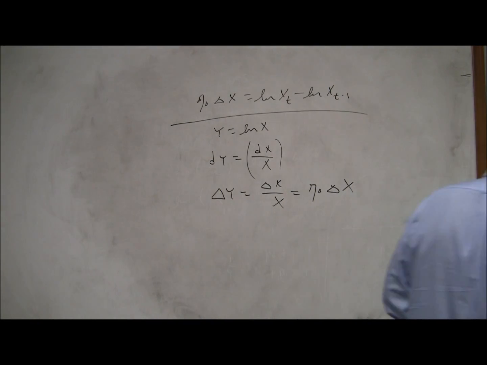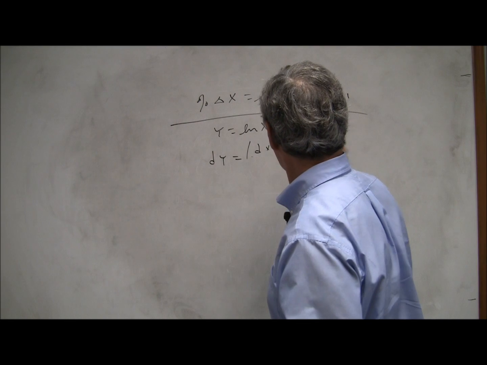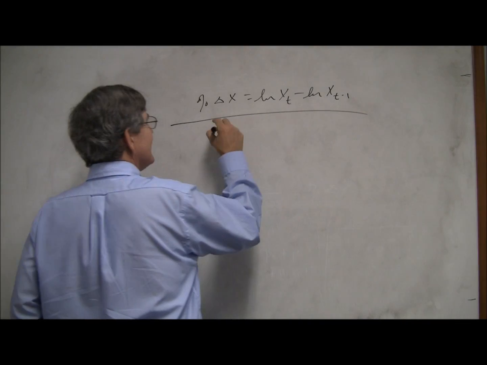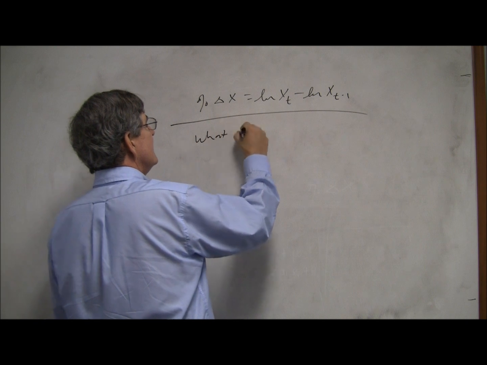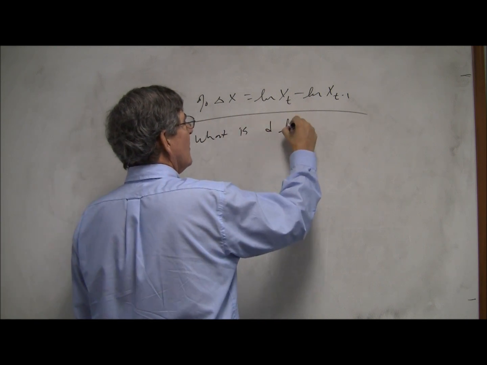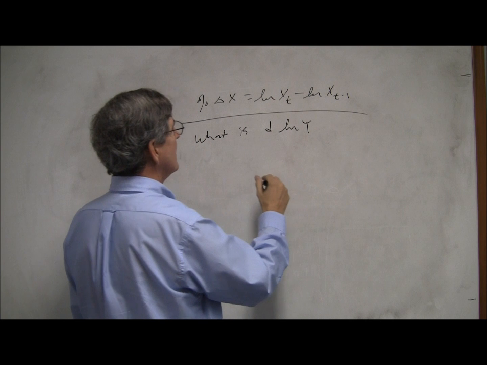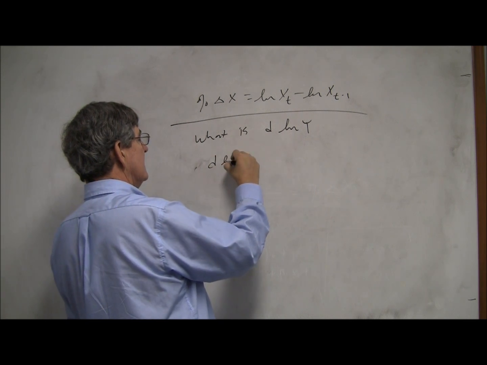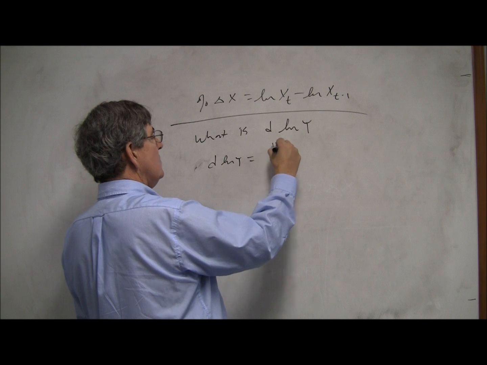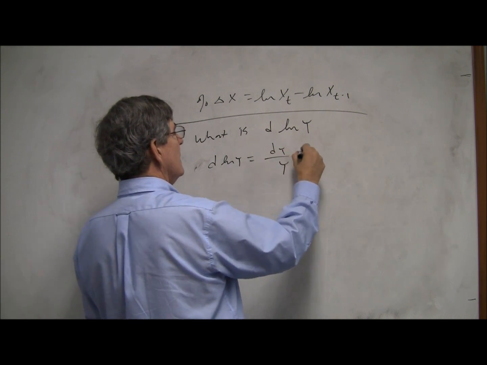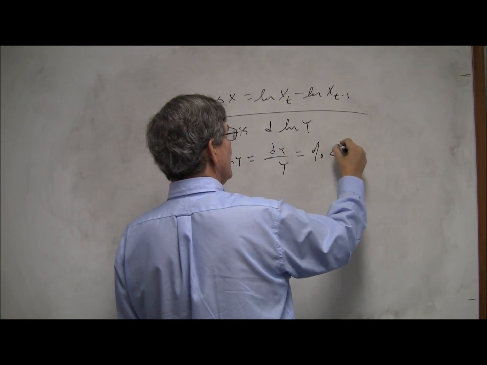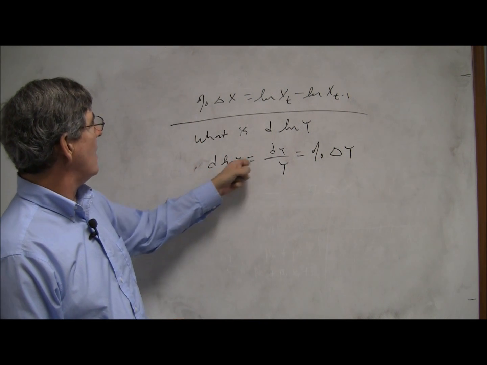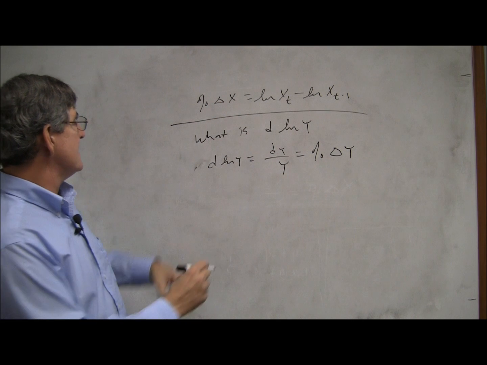So what that tells me is, let's start with, what is d log y? Well, d log y is dy over y, which is the percentage change in y. And so when you take the d log y, this is a discrete form.